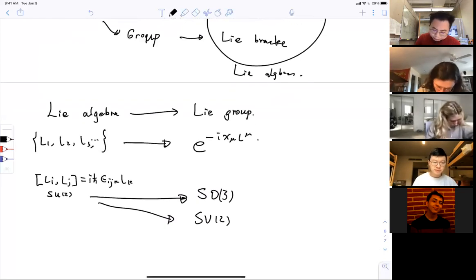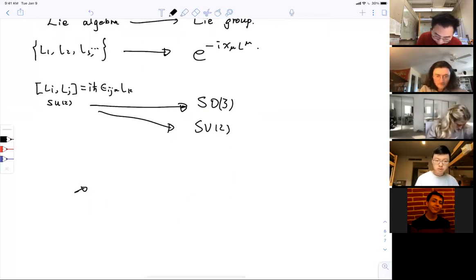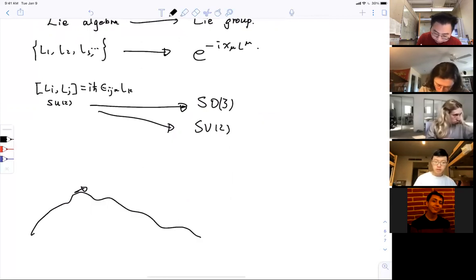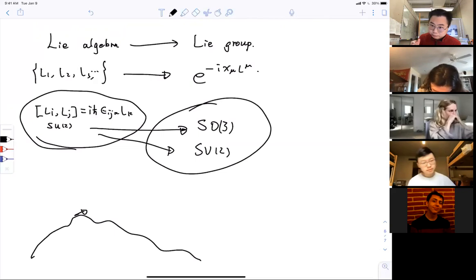This is very natural because without any group structure, if I only know the tangent vector of some curve, I have no idea what the curve looks like at other places. So what we're doing here is going from local information to global information, right?